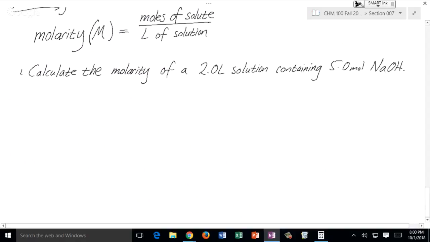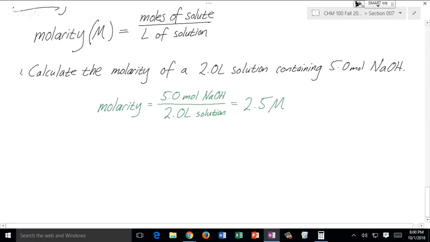We just need to plug that into the equation. So the molarity is the moles of solute, which in this case is 5 moles of sodium hydroxide, divided by the volume of the solution in liters. 5 divided by 2 is 2.5.